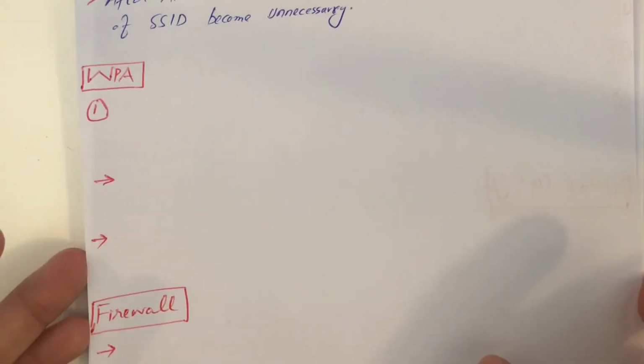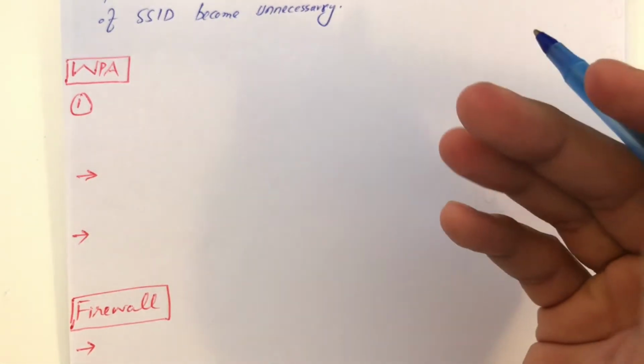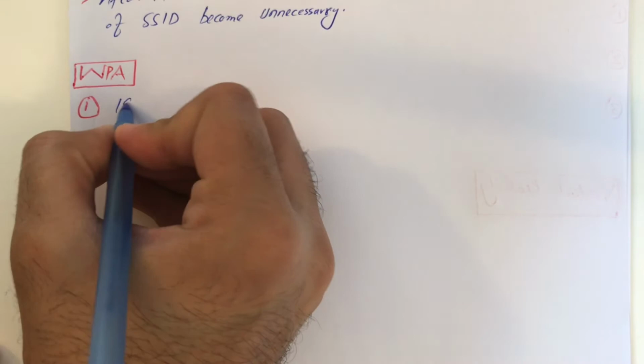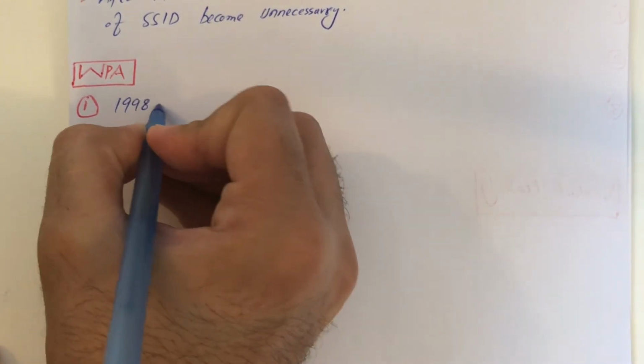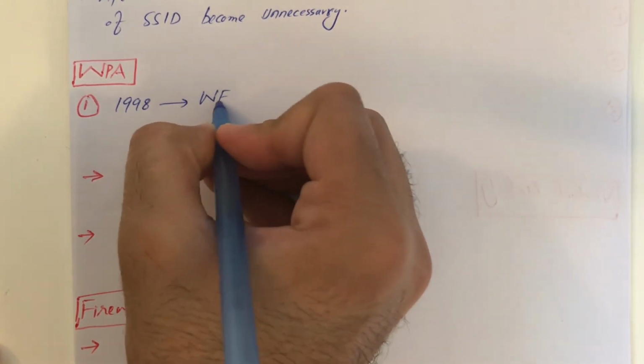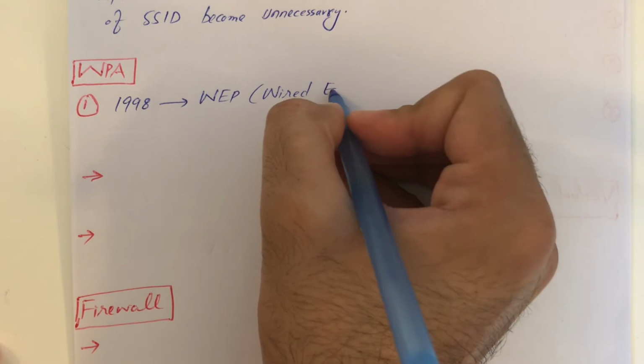Then if you talk about Wi-Fi, the concept of Wi-Fi was introduced back in 1997, but at that time, people didn't adopt that technology because of security reasons. Then in 1998, the first security algorithm was introduced, named WEP. It's called Wired Equivalent Privacy.